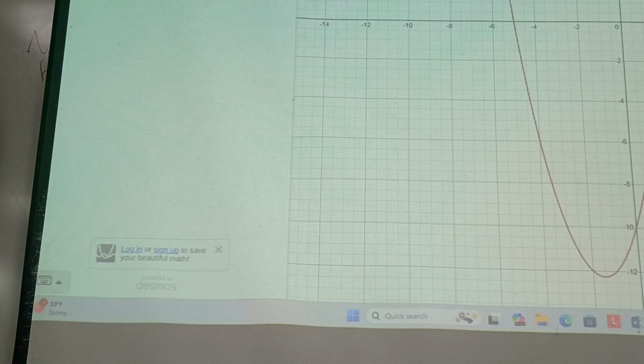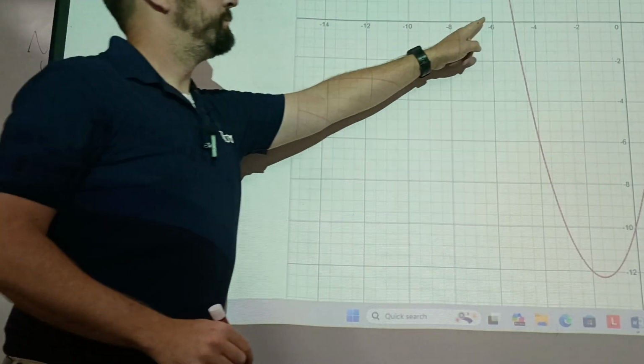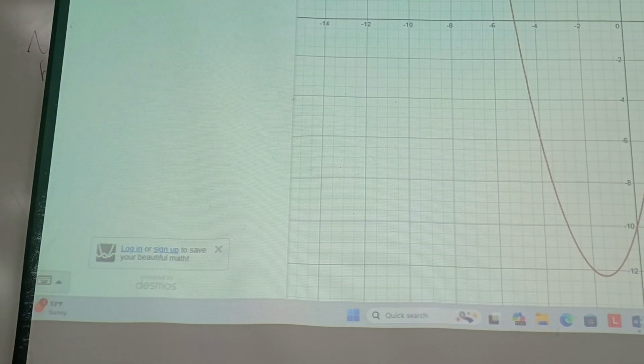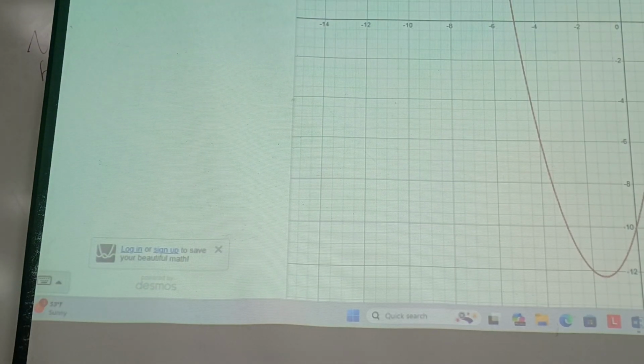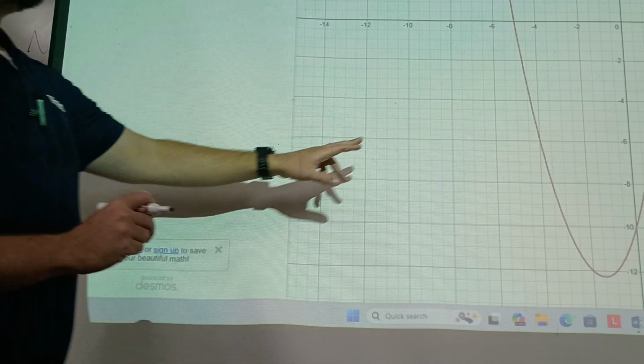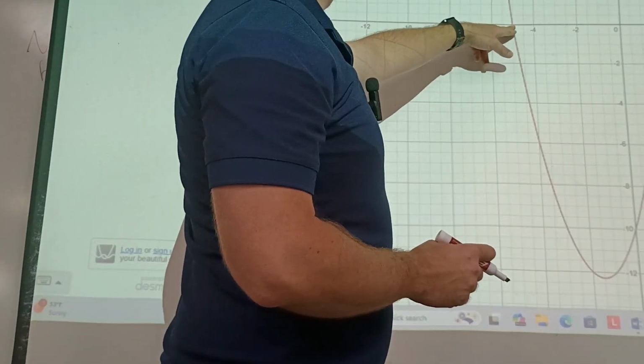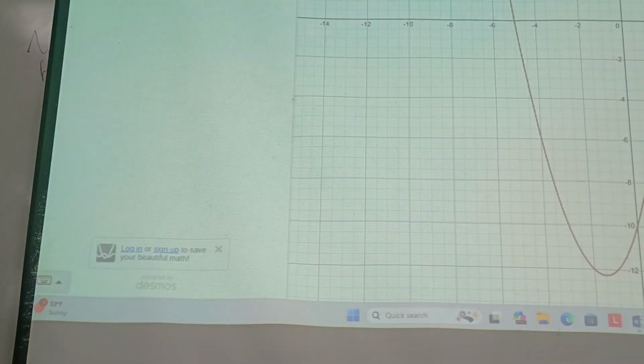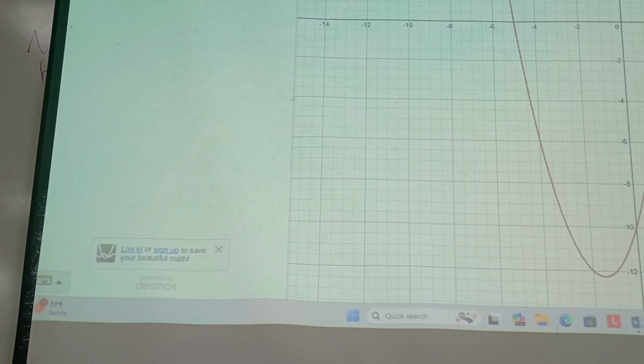Yeah. The x-intercepts are where it crosses the x-axis. So remember, what did you call those with quadratics? Yes, those are the solutions of a quadratic, your x-intercepts. So when I look at that graph, where does this one cross? -5. So one x-intercept is -5, 0.